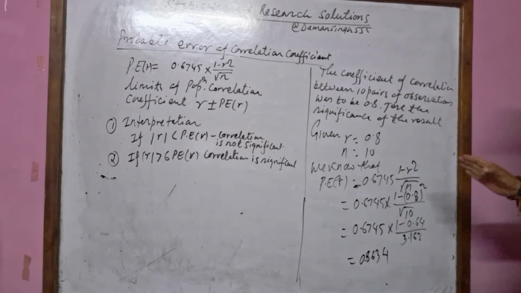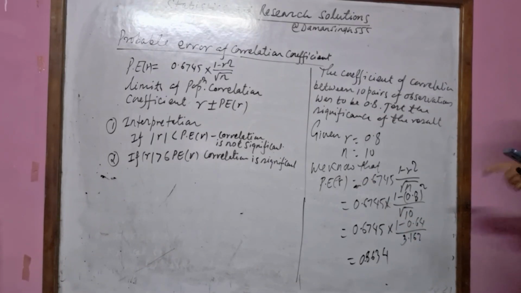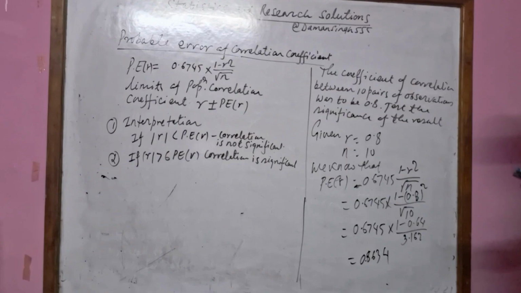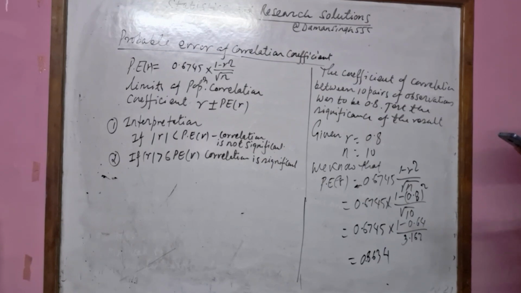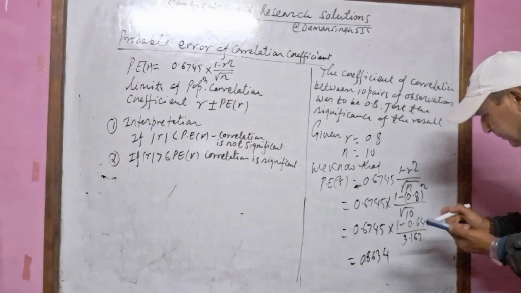We check this ourselves. I multiplied last time 1 minus 0.64, that is 0.36.